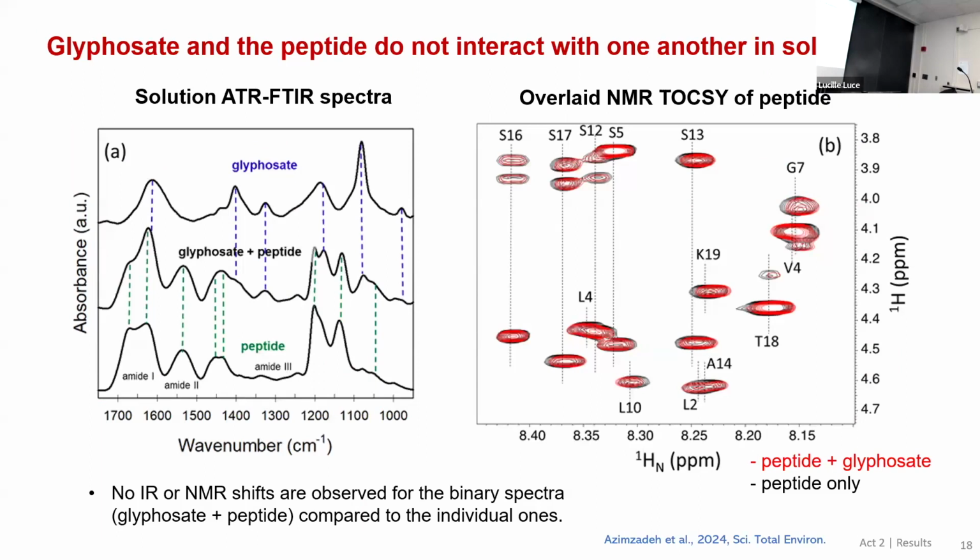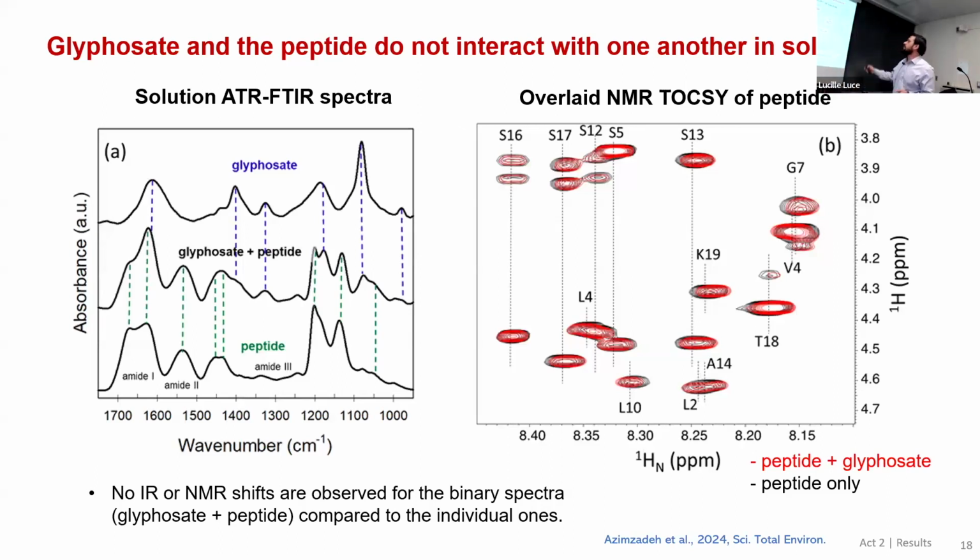In IR, on the left-hand side, this spectrum shows the glyphosate plus peptide sample. If you compare the dashed line, which is from glyphosate plus peptide, you can see this is the summation of those spectra, with no shifts in frequencies and no broadening or shortening of the bands. And that means there's no interaction.